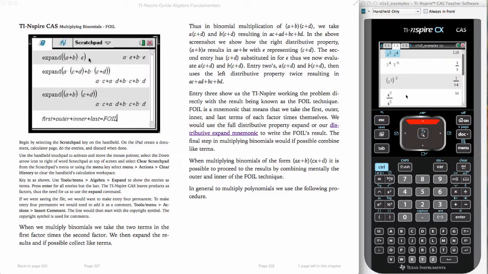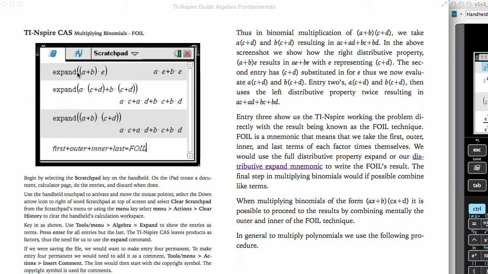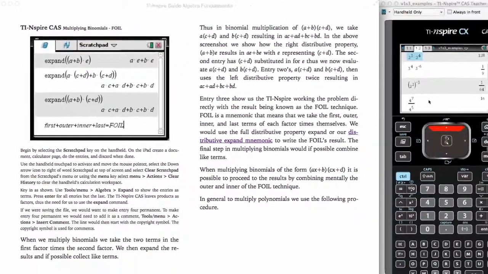When we have to multiply stuff out using the FOIL technique, we have to use the expand command. Here we were showing how the FOIL technique works. Basically, all we'd have to do is use this entry right here.